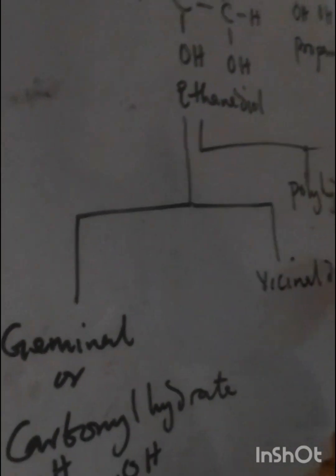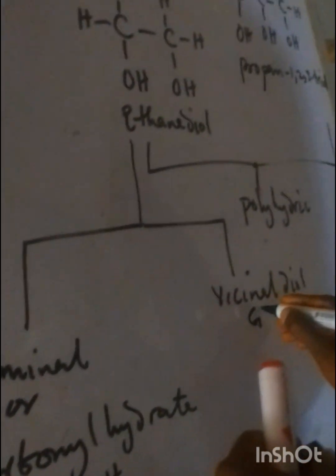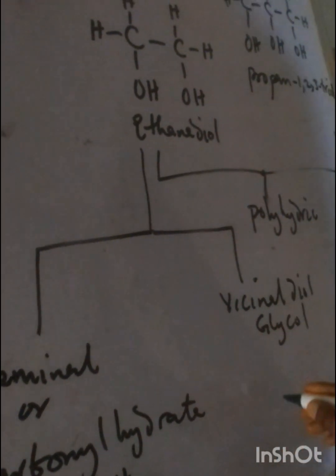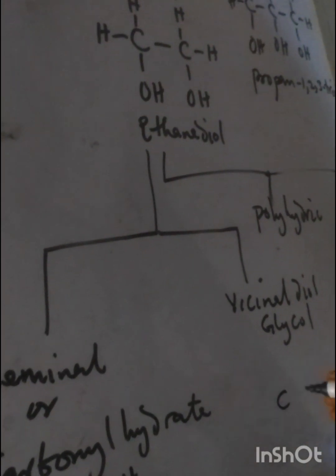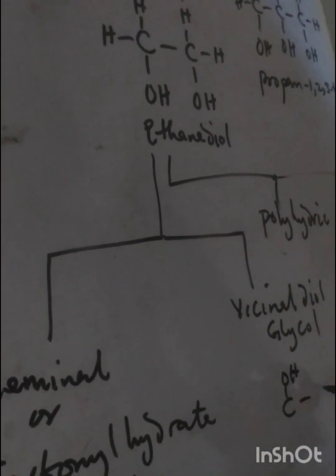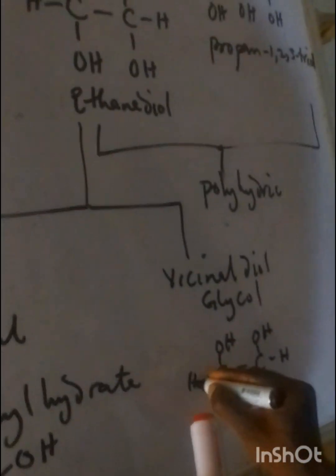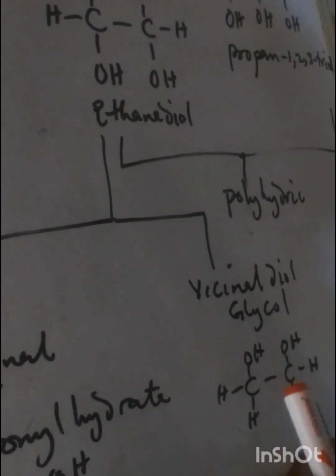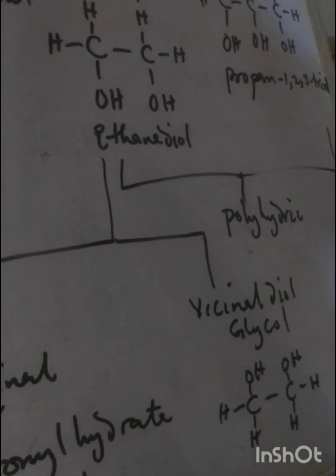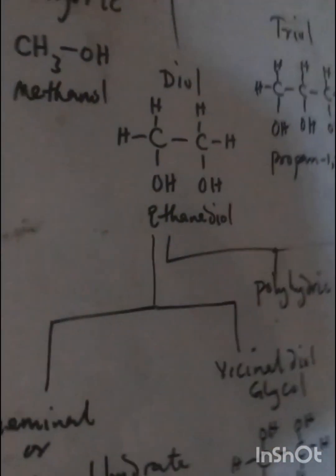We also have vicinal diol, otherwise known as glycol. Example is this. Ethane diol, or you call it ethylene glycol. So this is just the summary of classification of alkanol.